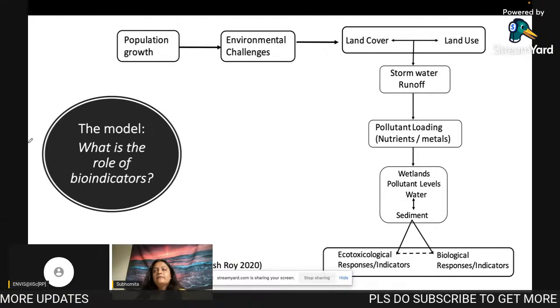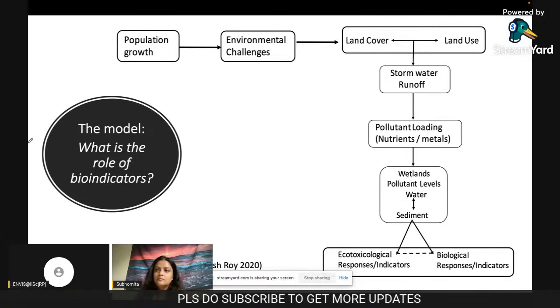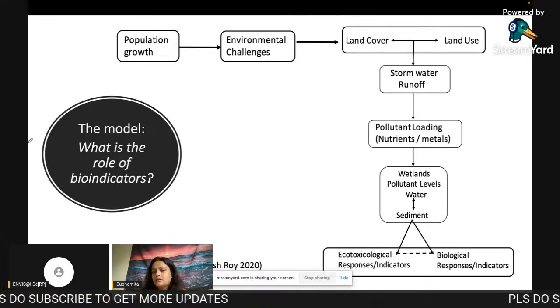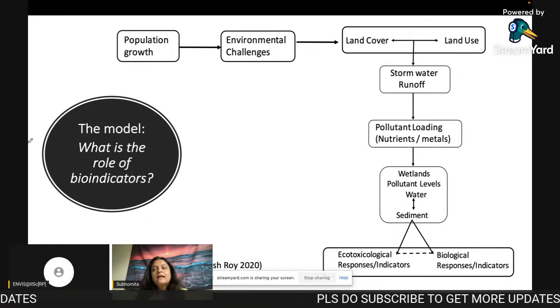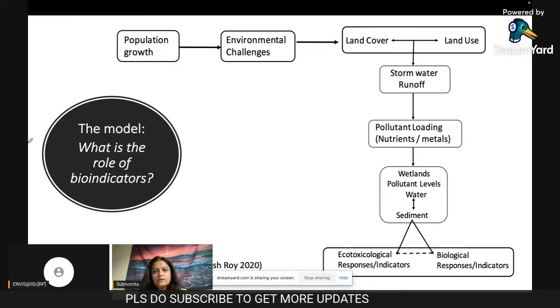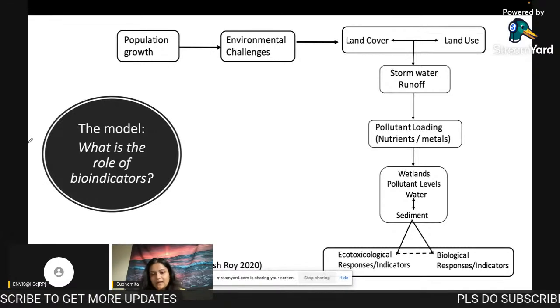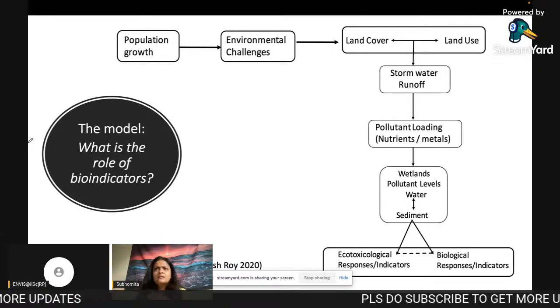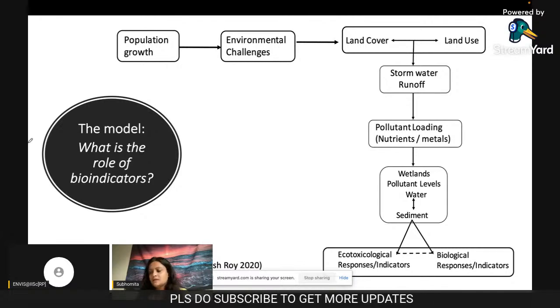For example, if I create a parking lot, or a driveway in front of my house, that's not natural land use, that's artificial land use. And if a pollutant is generated, it won't be able to percolate through the soil ecosystem anymore. So it will go through the rainwater, the storm water, and those pollutants will land up in the nearby surface ecosystems.